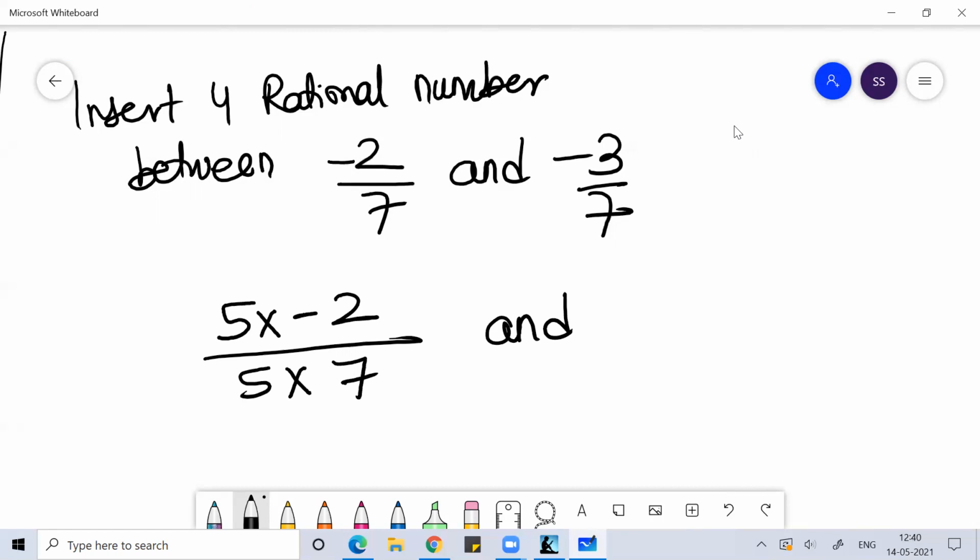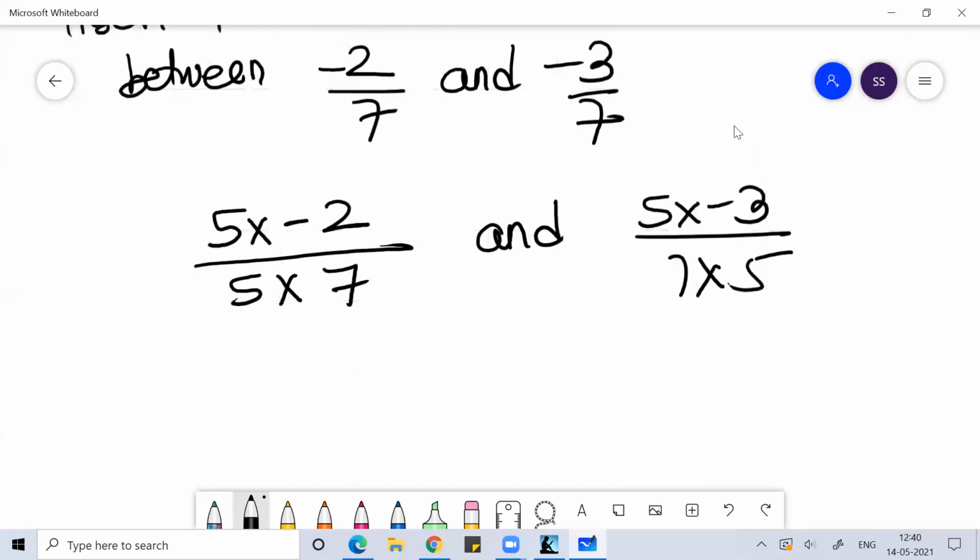We get minus 10 by 35 and minus 15 by 35. This is 5 into minus 3, and this is 7 by 5.